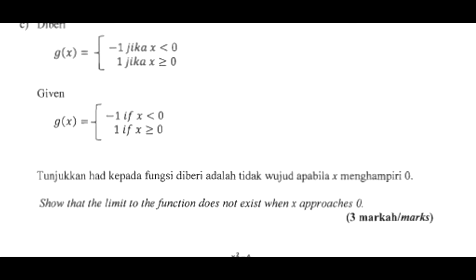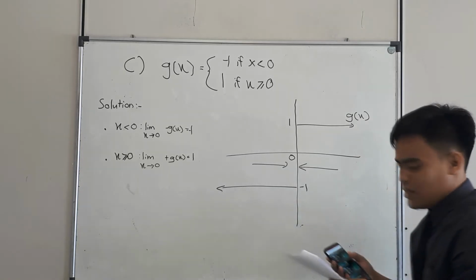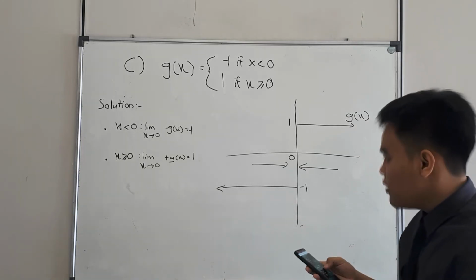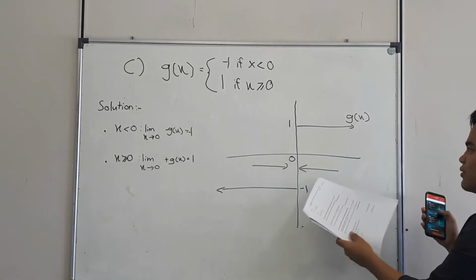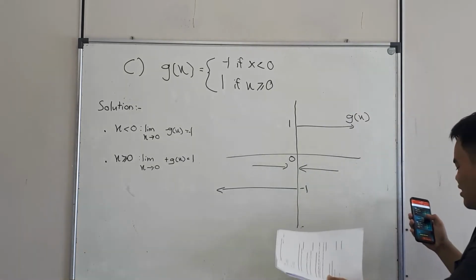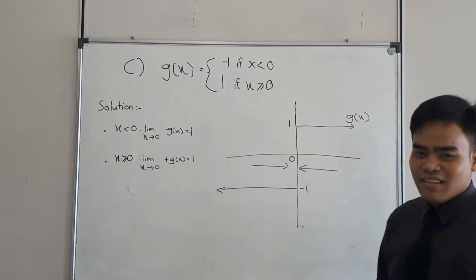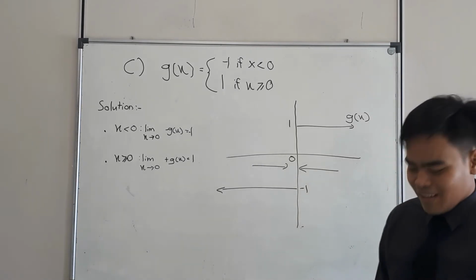Show that the limit of the function does not exist when x approaches 0. Okay, let me explain. For the solution, you can see at your graph like this. So the limit of g(x) does not exist. Okay, that's all.